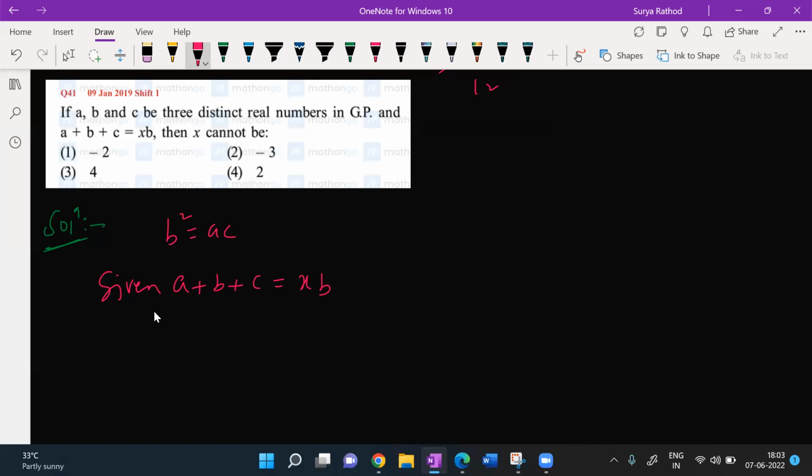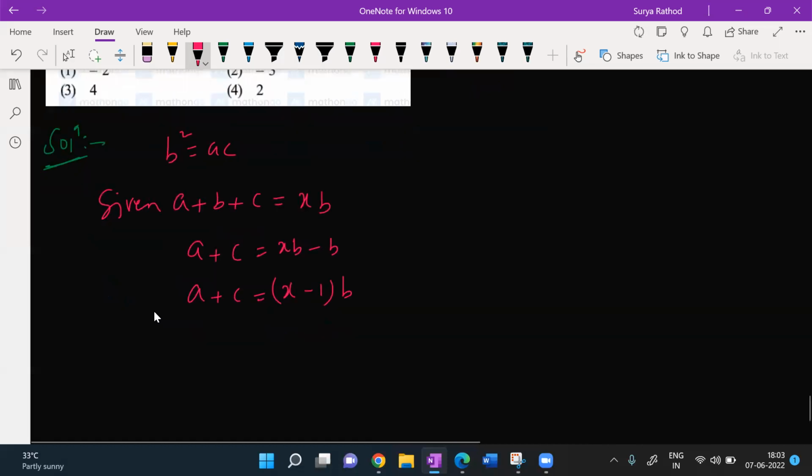So A plus C is what? XB minus B, right? A plus C is equal to X minus 1 into B, correct? So what can I do now? Squaring on both sides. So A square plus C square plus 2AC is X minus 1 whole square into B square.